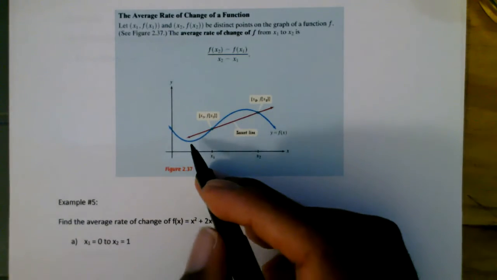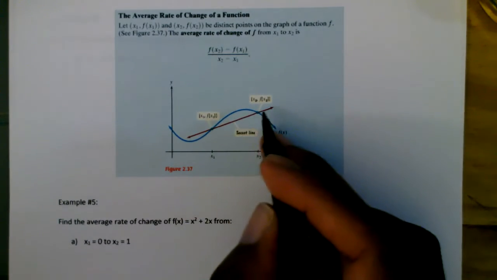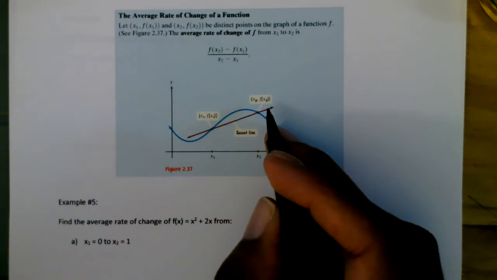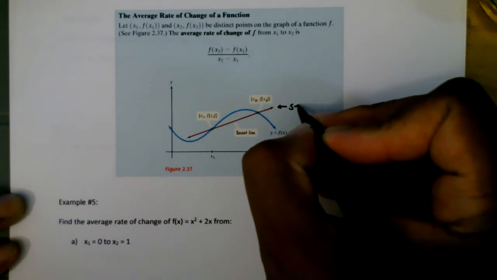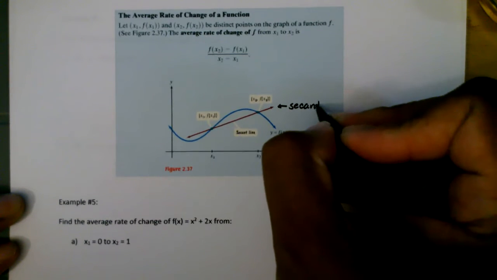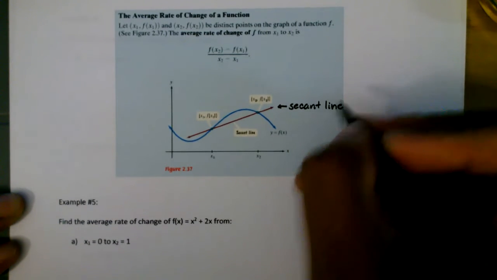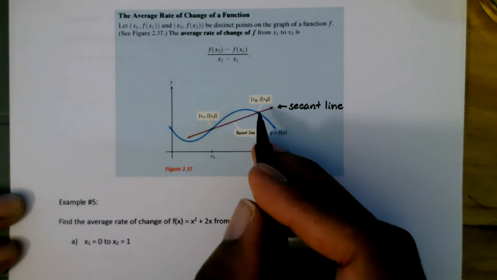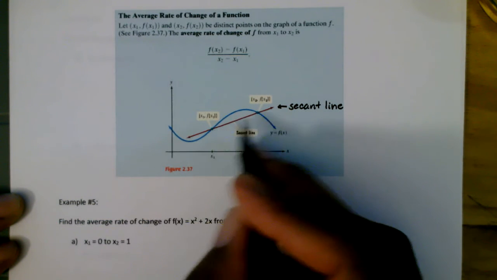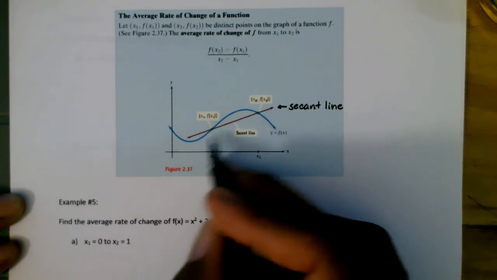Now, the line that you see right here is what we call the secant line. That's not clear here, but I'll write the word out, secant line. That's simply a line that crosses through a curve at two different points.